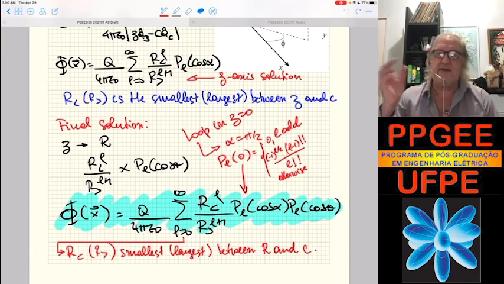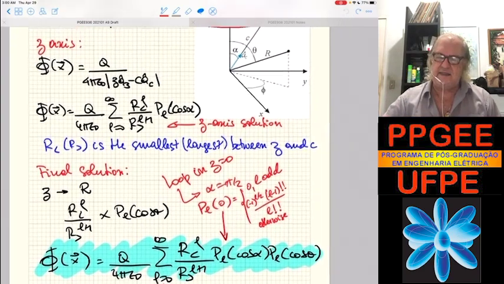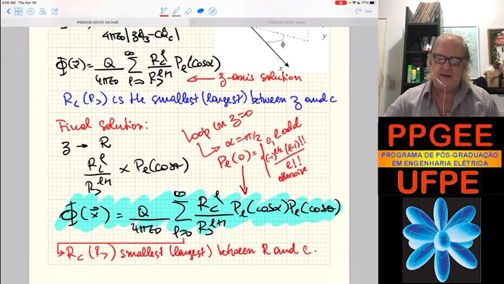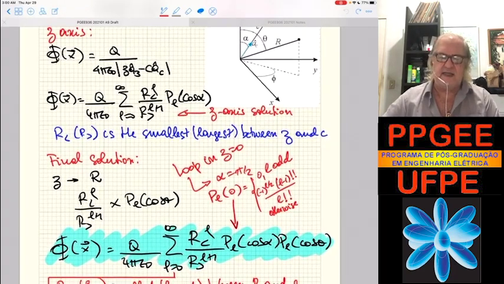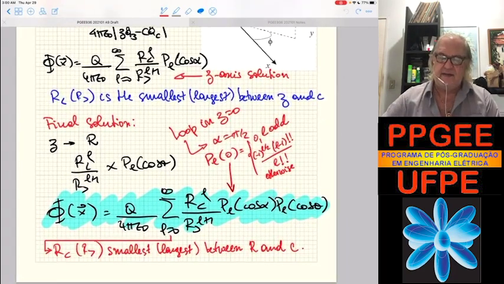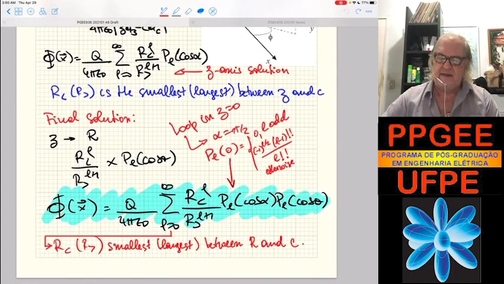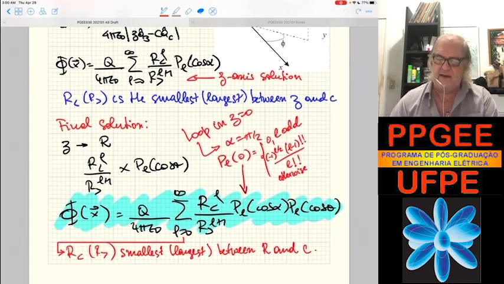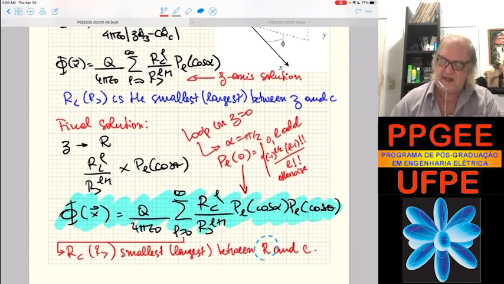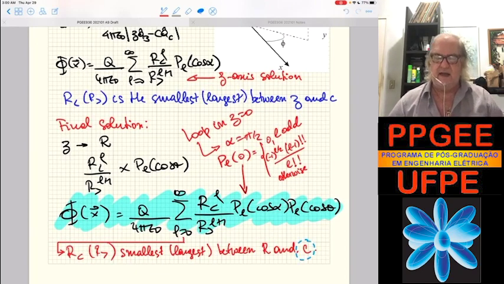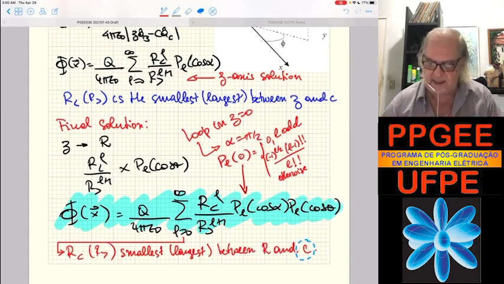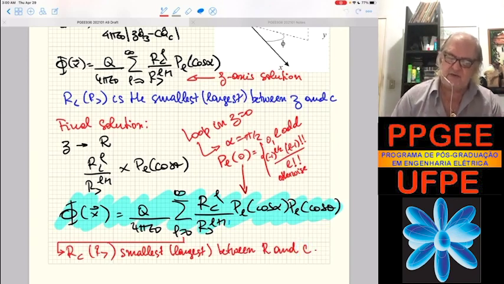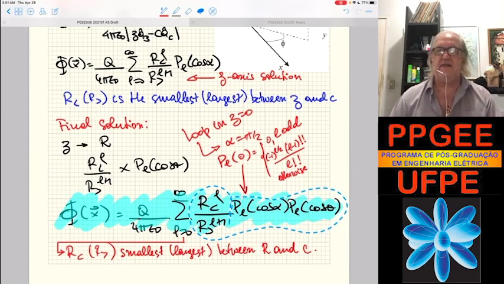So you see that there are two regimes: r larger than c, and in this case r larger than c. R larger is the larger between r and c, and r smaller is the smallest between r and c. But you see that those two functions are equal at r equals c. Right? Calculating on one side is the same as calculating on the other side.